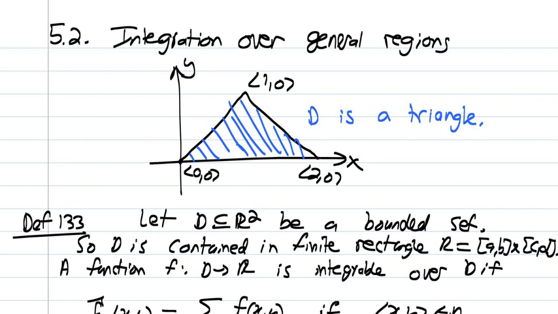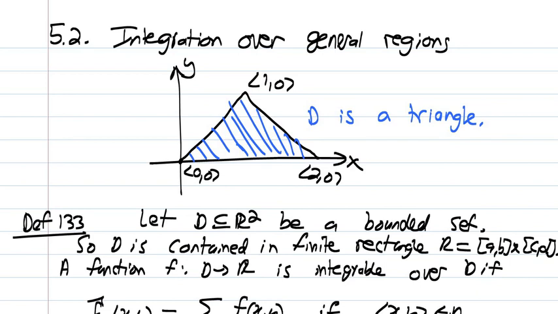Here I have a triangle. D is a triangle with vertices (0,0), (2,0), (1,0). This is no longer a rectangle, and we want to still define a double integral, not over a rectangle, but over this triangle D, which I shaded in blue.